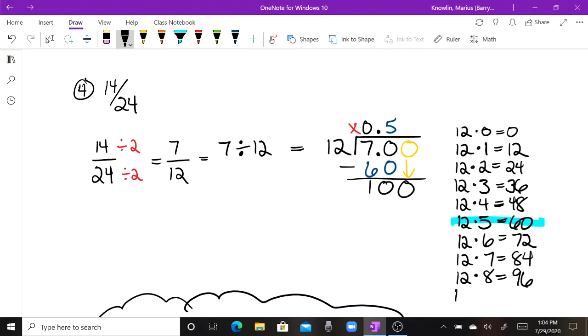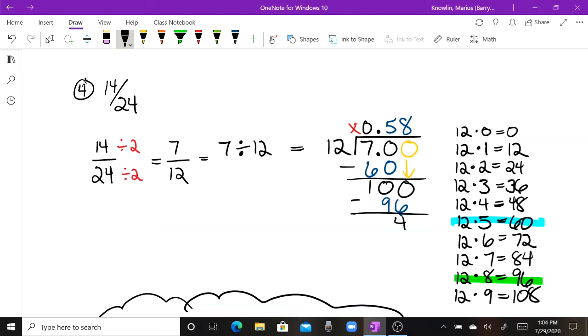And then we have 12 times 9, which is 108. Well, 108 is too big, so for this one we're going to use 12 times 8. And we know now that we've written it out that 12 times 8 is 96. We'll go ahead and subtract. 100 minus 96 is 4.